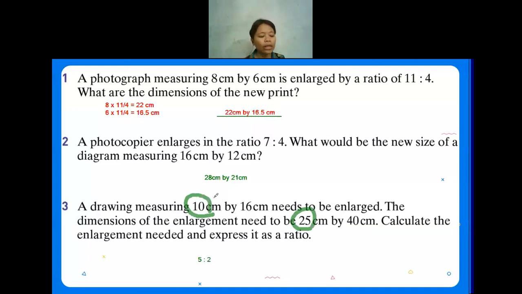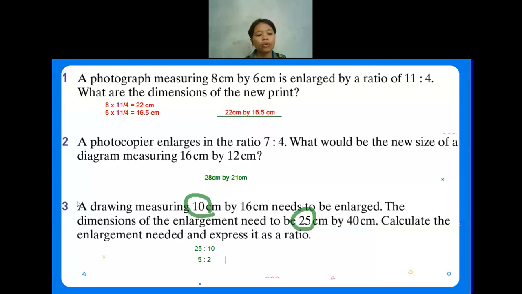From the original and the new enlargement, I take the smaller numbers and compare them. Since I need the enlargement, I write the bigger number first. So 25 to 10. I can simplify by dividing everything by 5. 25 divided by 5 is 5, and 10 divided by 5 is 2. So the ratio will be 5:2.